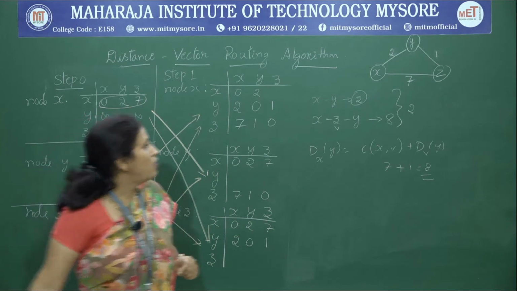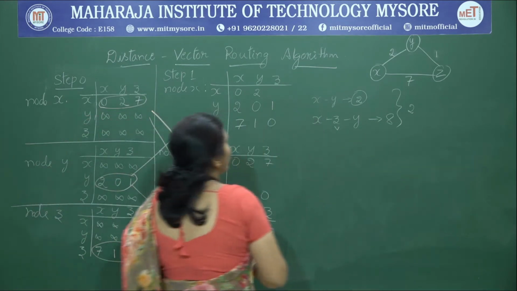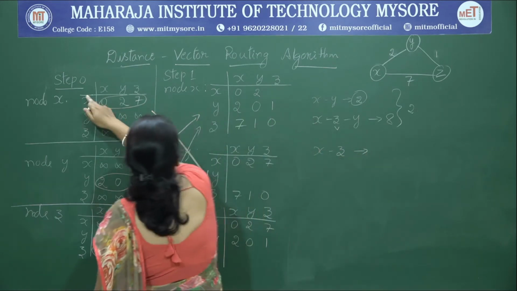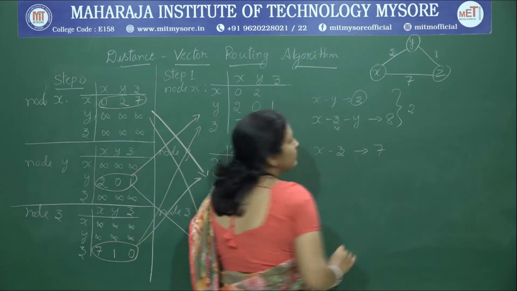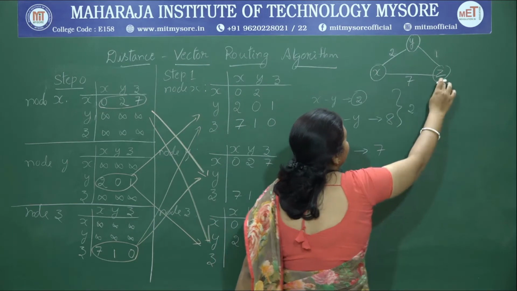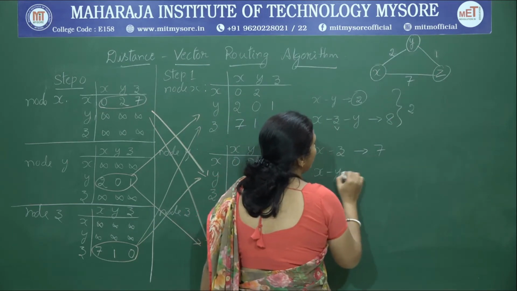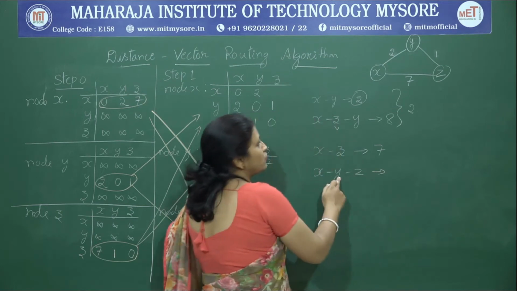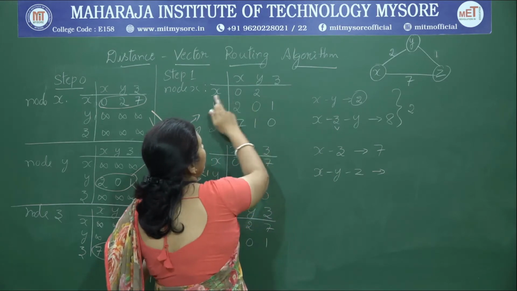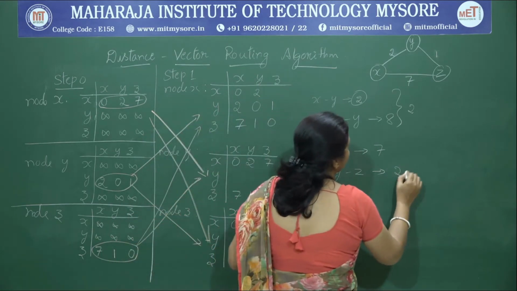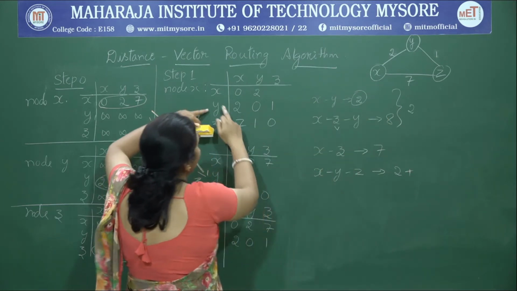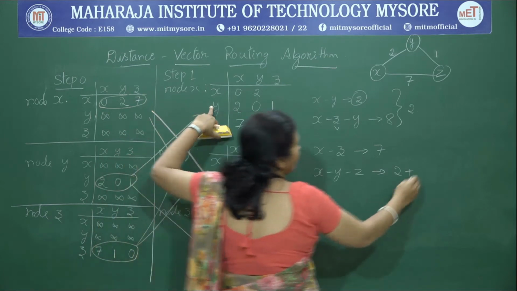Similarly, we will look at the paths for x to z. We already had a value of x to z as 7. Is there any other path to reach z from x? We can travel from x to y and y to z. From x to y we just calculated it is 2, plus from y to z we have 1.